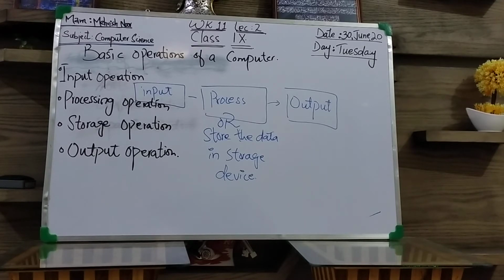Then the control unit displays the results on the monitor or prints them on the printer in the form of hard copy. Clear? The results can also be saved in the storage device such as hard disk for use in further process or for future use.